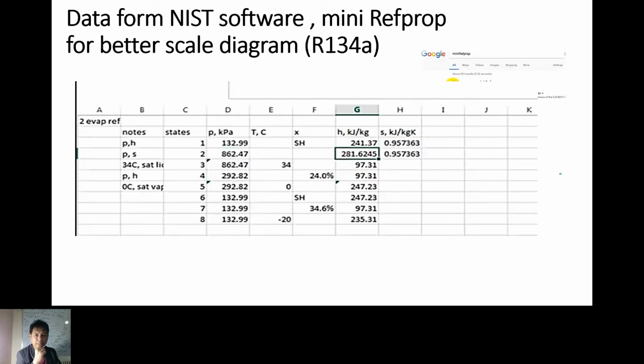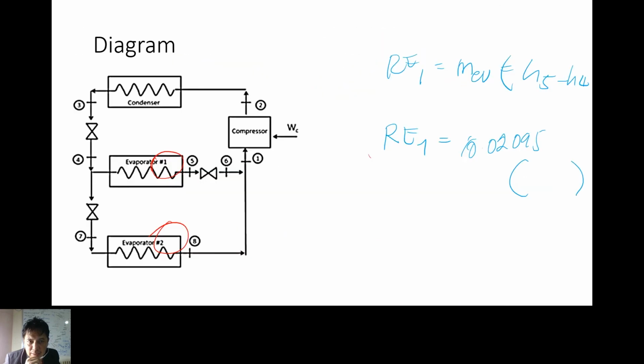No? So, hanapin natin. Binigay naman dito eh. H5. Where's H5? Ito. So, punta tayo sa 5. Ito yung H. Oh. So, enthalpy at 5. This one. Enthalpy at, ano pa isa? 497. So, this one is 497 minus 247.23.